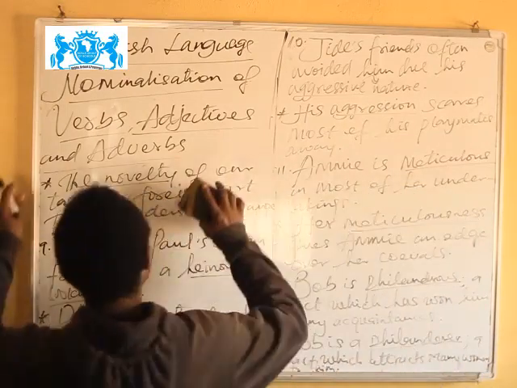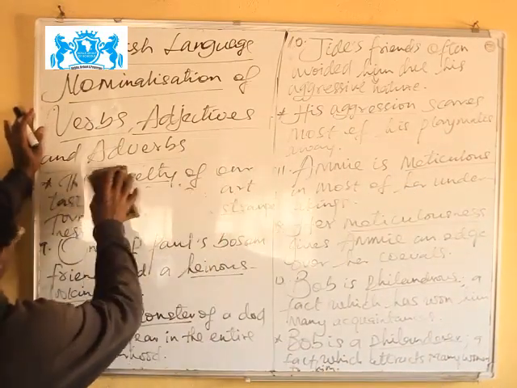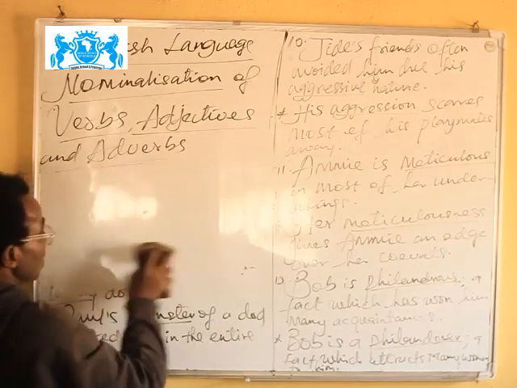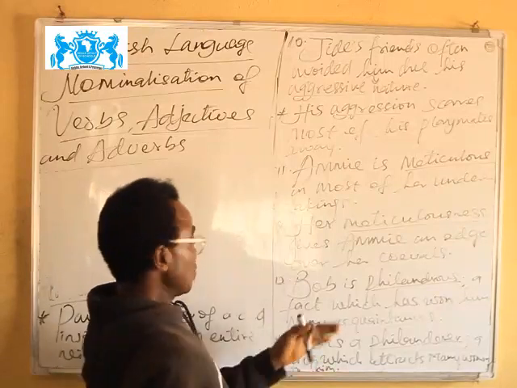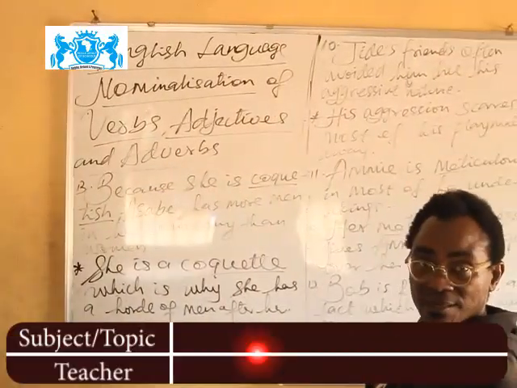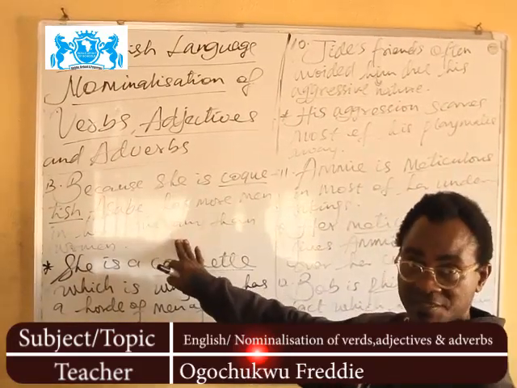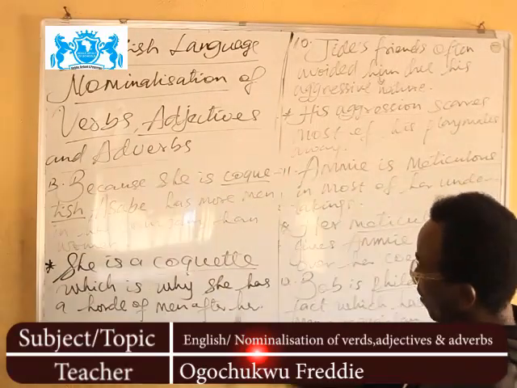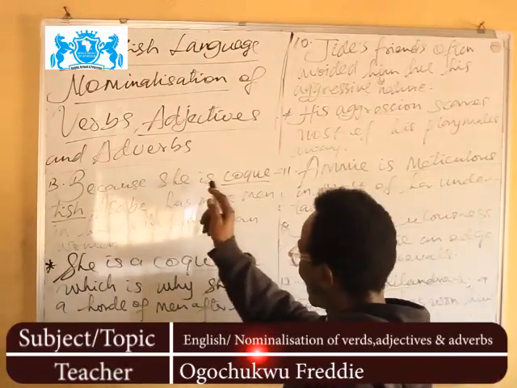Now let's conclude the nominalization of adjectives by taking the opposite attributes to philandrousness. And so you can see that the adjectival form, coquettish, we're saying because she is coquettish.